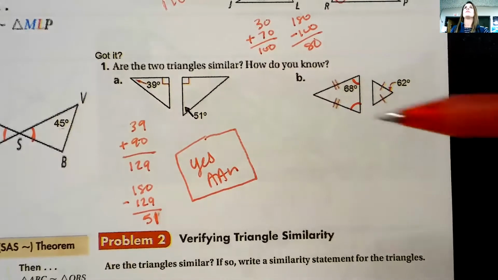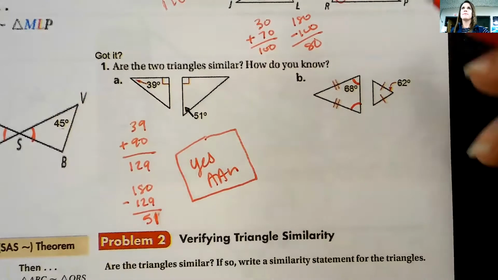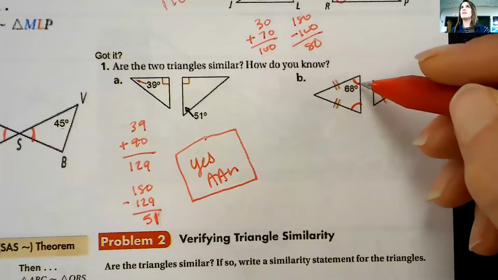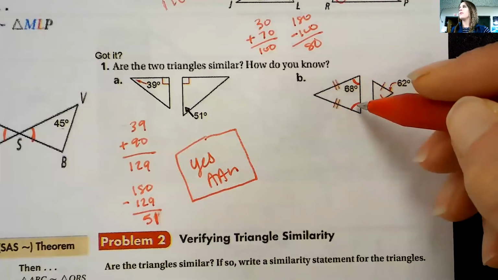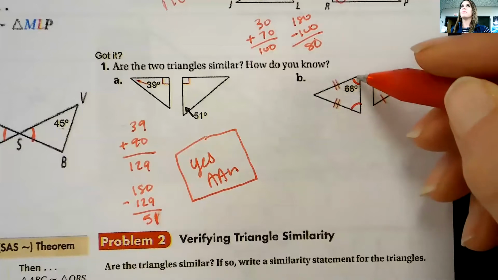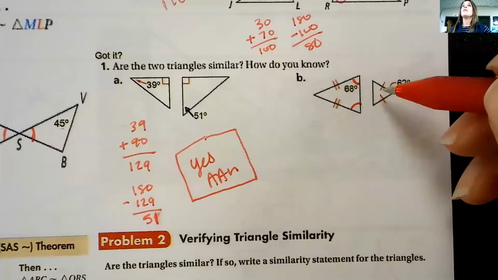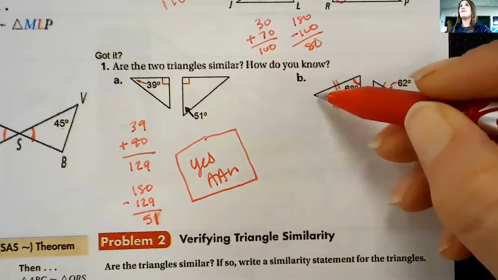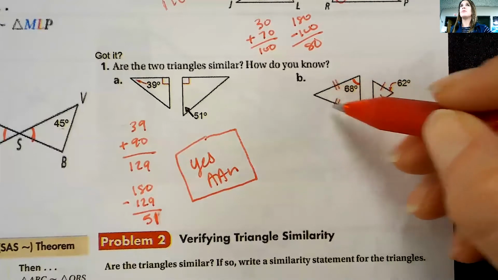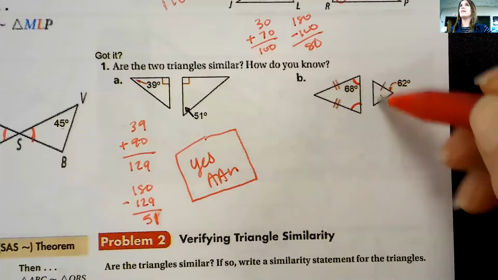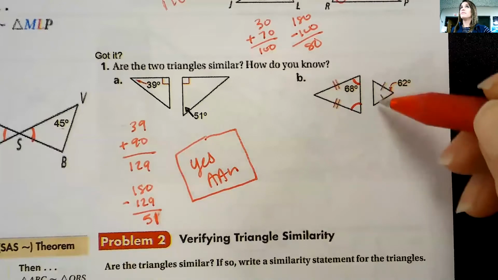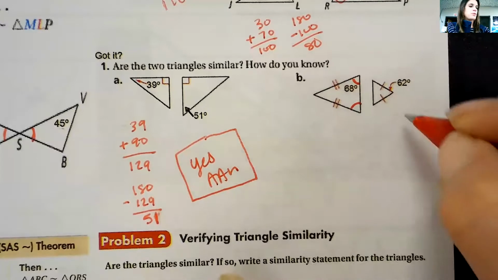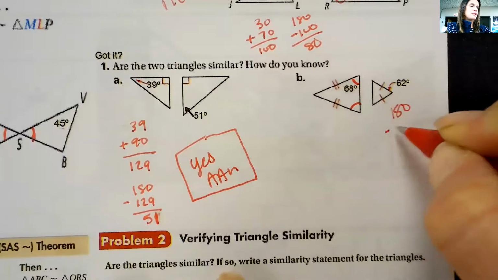On part B, they mark these triangles as isosceles, which tells me that the base angles are congruent. When we talked about isosceles triangles, remember that? So both of these are 68. Basically, we need to see either if this one would be 62. No, we need 2 angles. So we got to see what these base angles are. To find those base angles, we would subtract 180 minus 62.